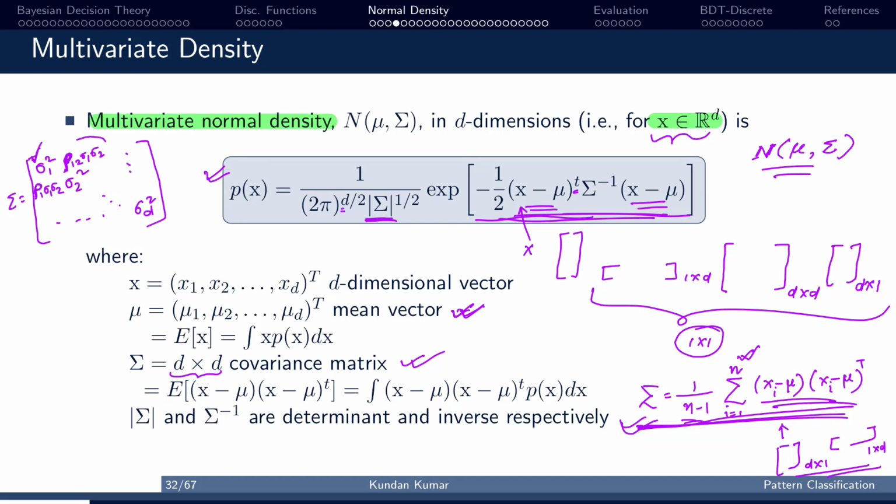And if we see the off-diagonal elements, then rho is the correlation coefficient, and sigma 1 and sigma 2 are the standard deviations of the first and second feature components. So this is the covariance, which tells how the two feature components vary with respect to each other. Clear?